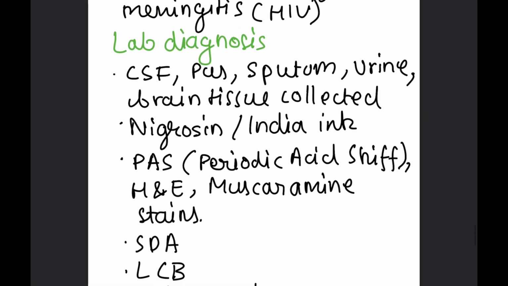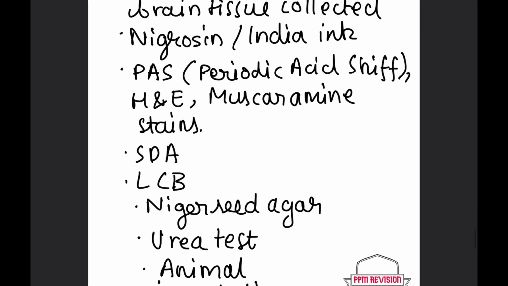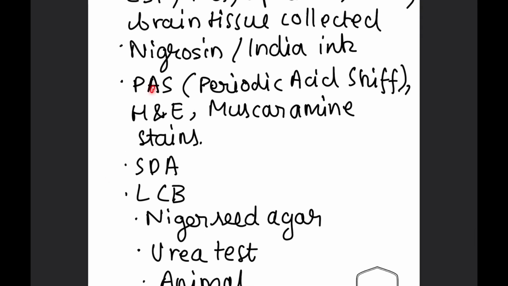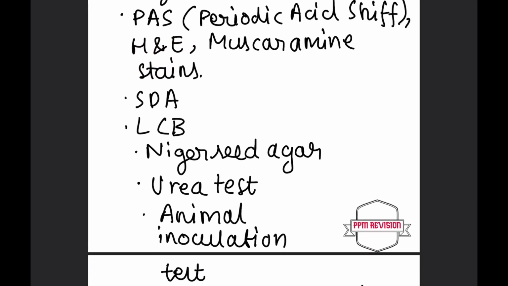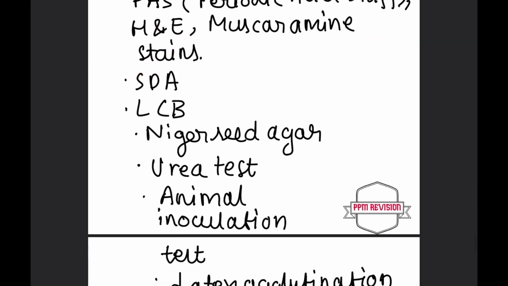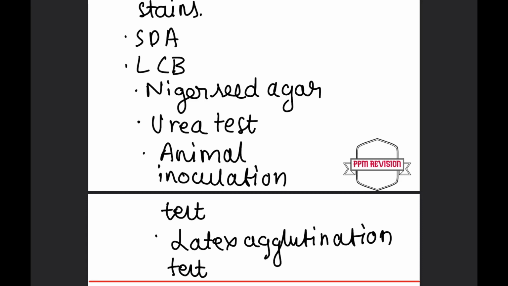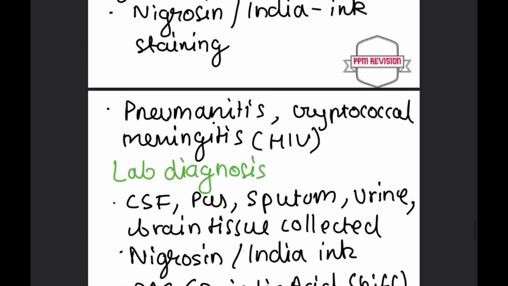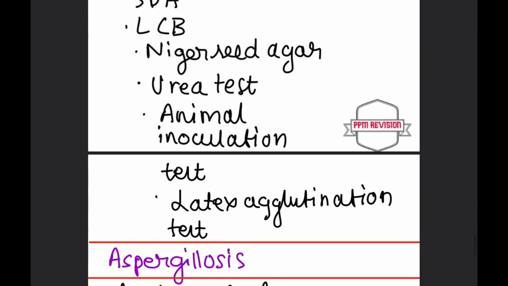For culture, you can use SDA, LCB, PAS, and HNE stain, mucicarmine stains are also used, and growth can be seen in niger seed agar. Urea test can be done. This is all with respect to cryptococcosis.